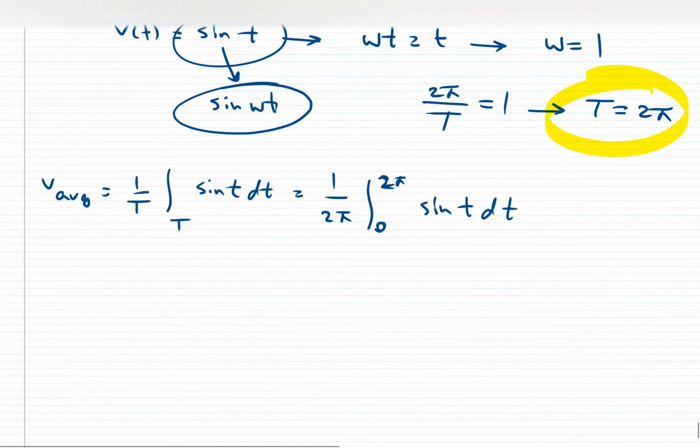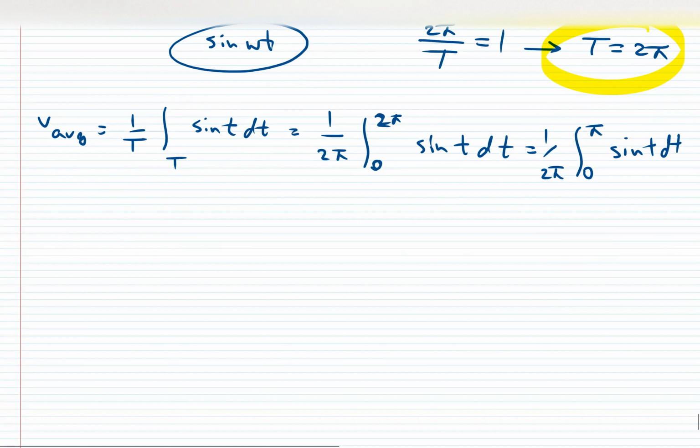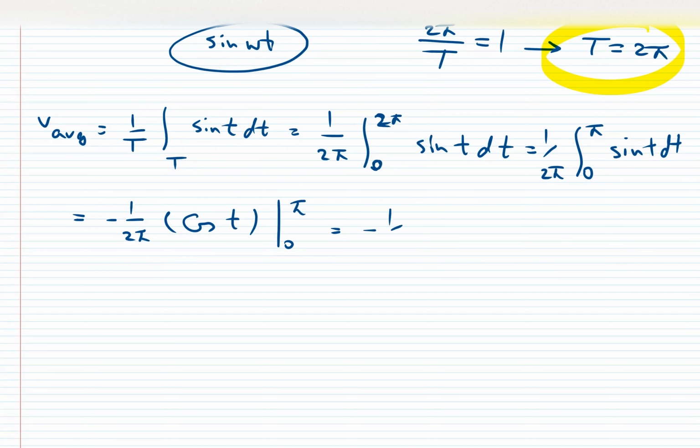So we change the integral limit from 0 to 2 pi to 0 to pi of sine of t dt. It's equal to negative 1 over 2 pi cosine of t for the range of 0 to pi, which is equal to negative 1 over 2 pi times cosine of pi minus cosine of 0.